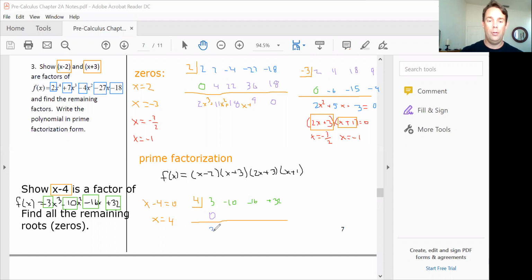Add going down, multiply by the box going up. So 3. 3 times 4 is 12. Add going down, 2. Multiply by the box going up. 4 times 2 is 8. Add going down, what do we have there? Negative 8. Uh-oh. 3, negative 10, negative 16, positive 32. Well, what did I make a mistake on?